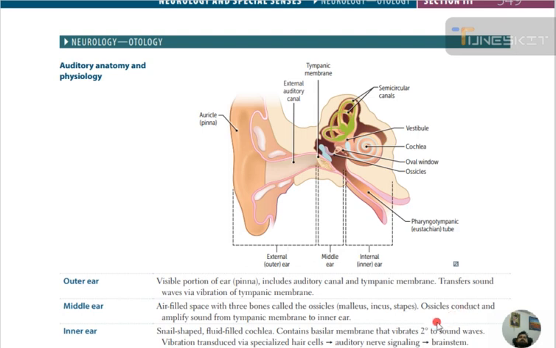Ossicles conduct and amplify sounds from the tympanic membrane to the inner ear. After that, you can see this snail-shaped, fluid-filled cochlea contains the basilar membrane that vibrates secondary to sound waves, and the vibration is transduced via specialized hair cells, with the auditory nerve signaling to the brainstem.